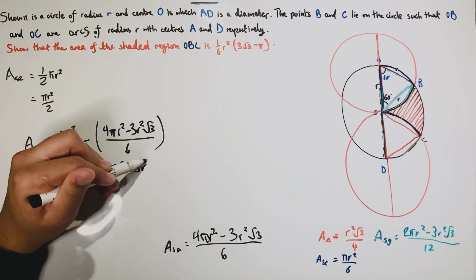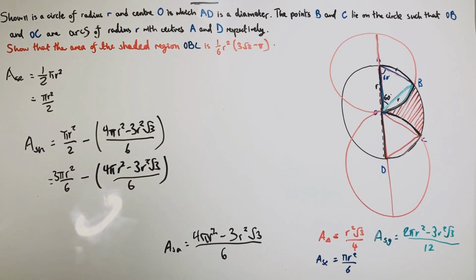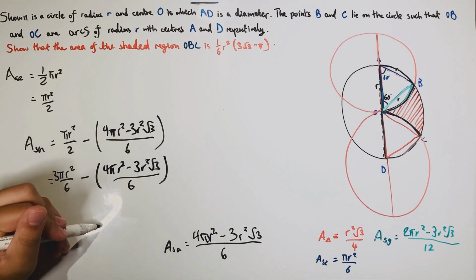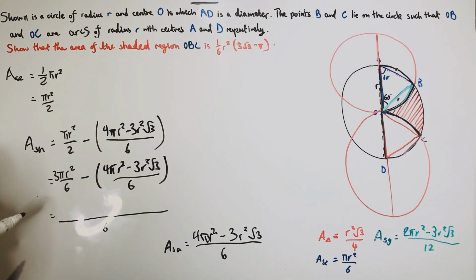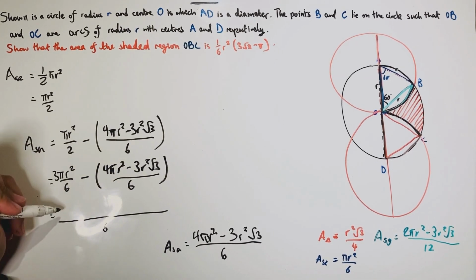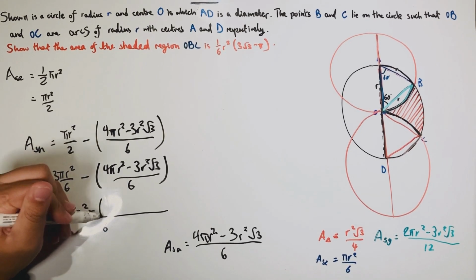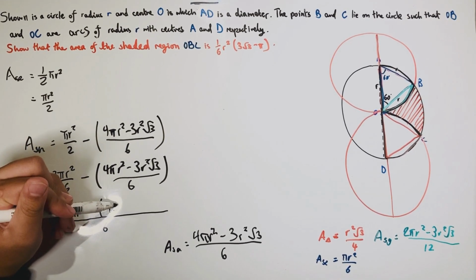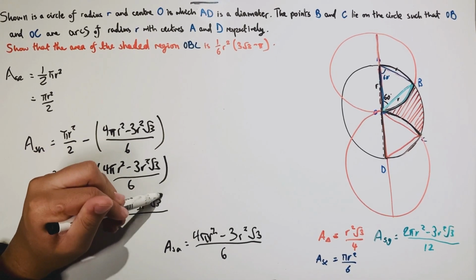Now this is going to be the most important part of this procedure, because I've made this mistake, a friend of mine has made this mistake. It is a very common mistake to make, and we're going to rewrite it all over the same denominator, like so. So we're going to end up with 3 pi r squared minus, and use your brackets here, 4 pi r squared minus 3 r squared root 3.